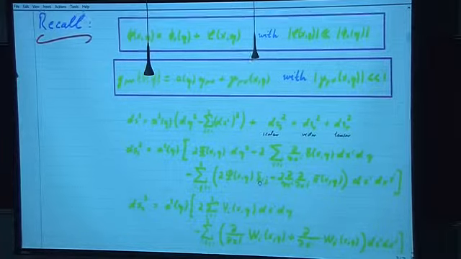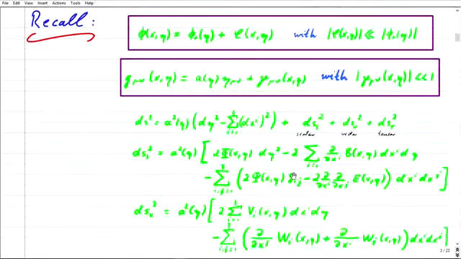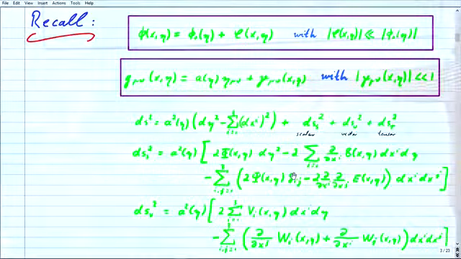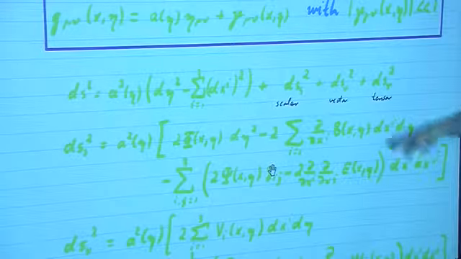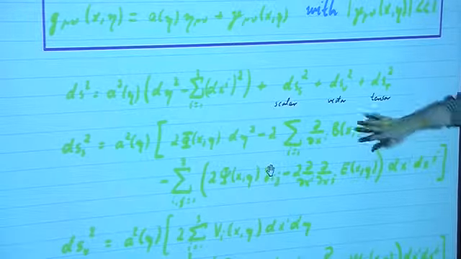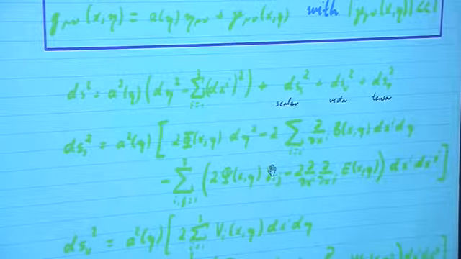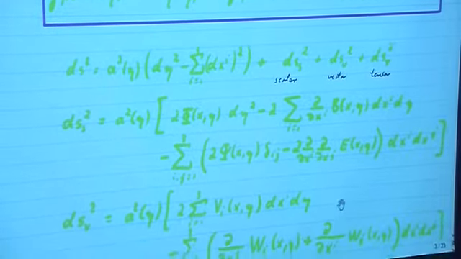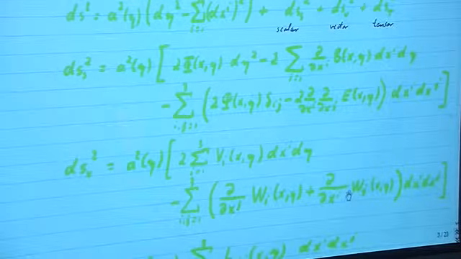The metric fluctuations we decomposed into the FRW part, a part that can be expressed through scalar field perturbations, vector fields, and tensor fields. And here they are. They have various variables in them.